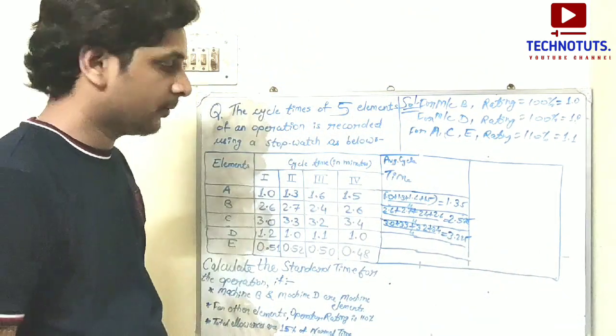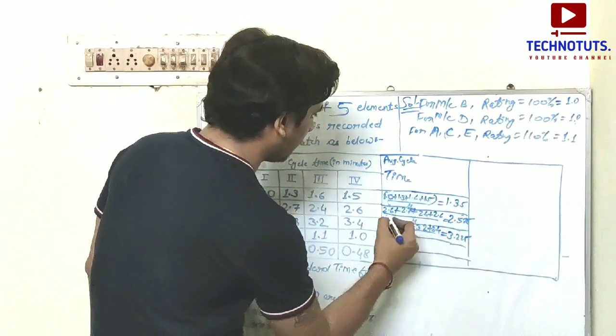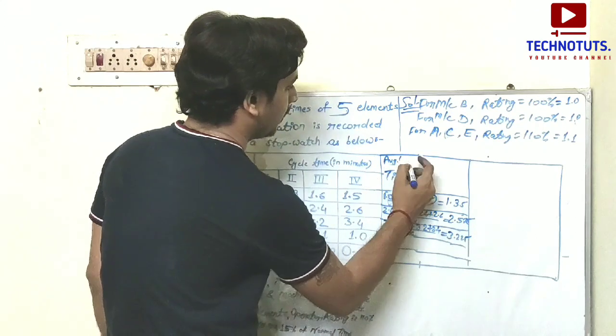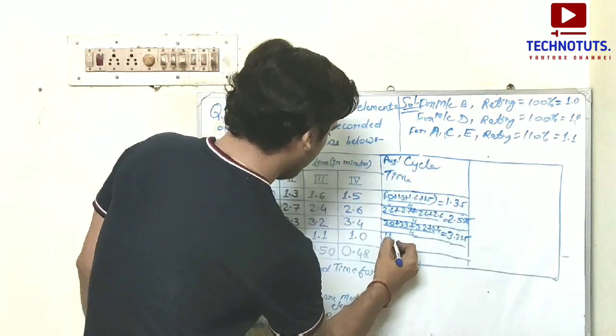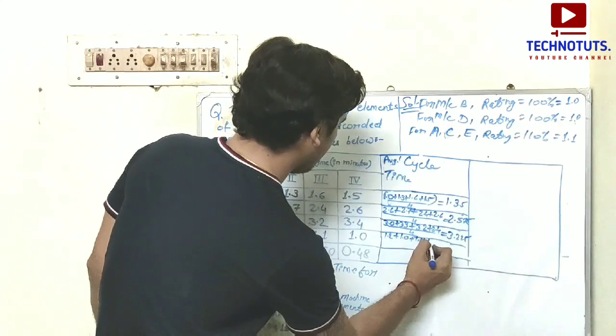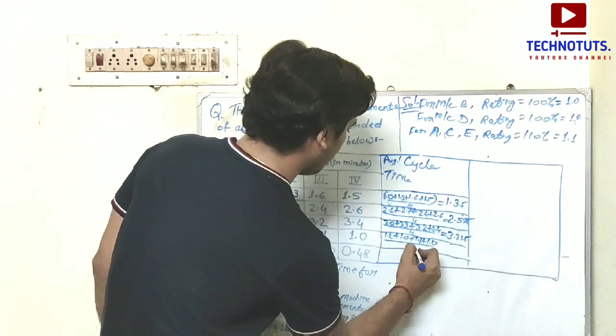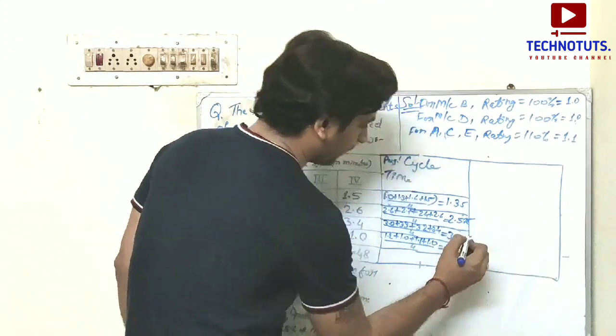Okay students, now in similar fashion we will calculate the cycle time for element D also. So 1.2 plus 1.0 plus 1.1 plus 1.0 divided by 4, which is equal to 1.075.